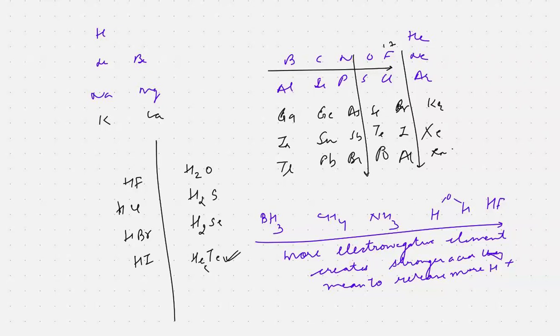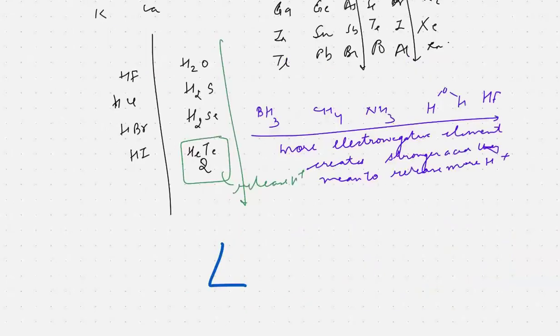So you will have longer bond lengths in H2Te. When you have longer bond lengths, what does that mean? They will release H plus faster. So down the group, you decide the acidic strength on the basis of bond length.